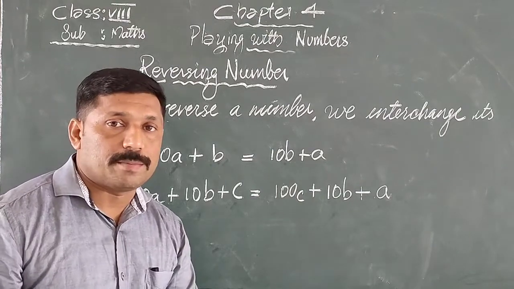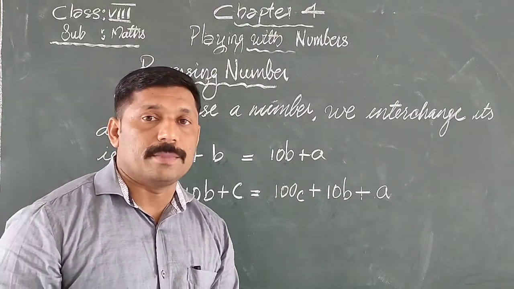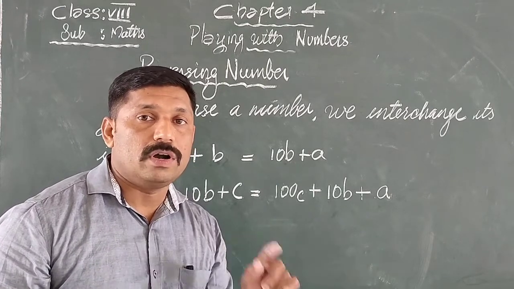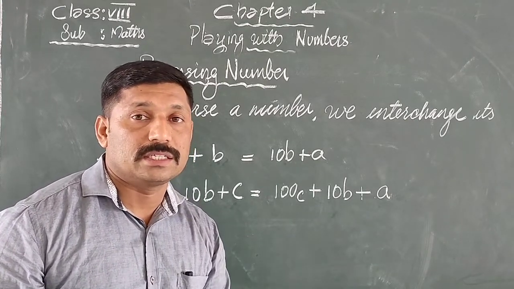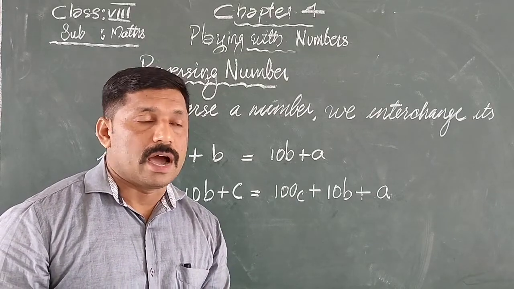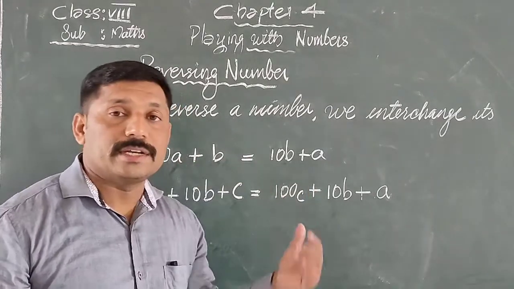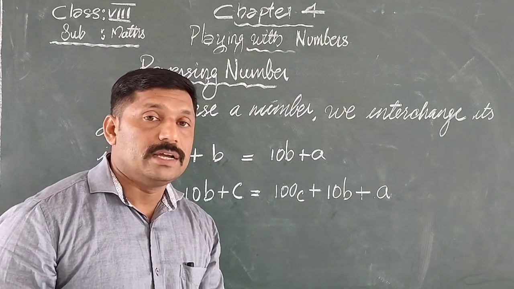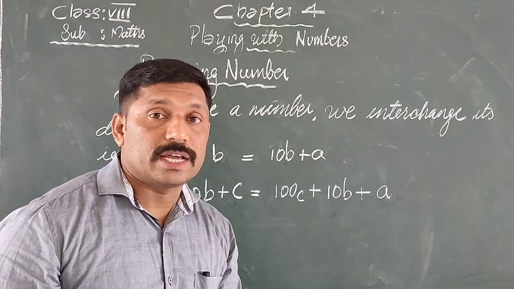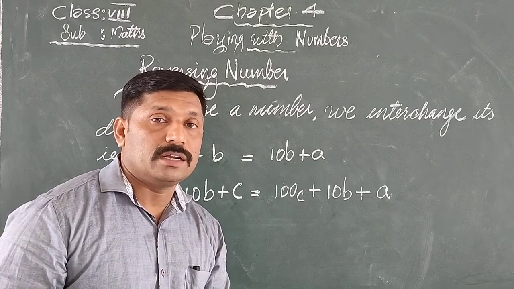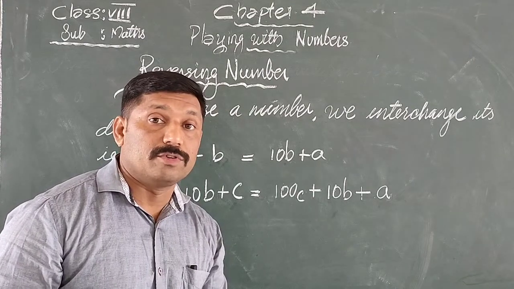So in a 3-digit number, when we reverse that number, the interchange happens only in the ones place and hundreds place, and the tens digit will not be changed. And if it is a 2-digit number, then both the ones place and tens place will interchange with each other. In this way, we can reverse a number from its original number.